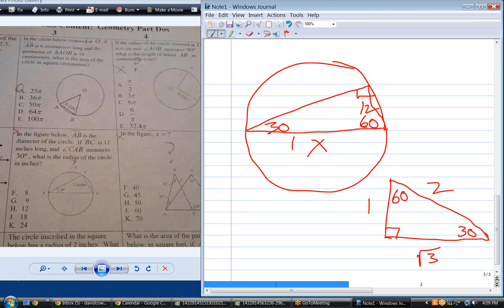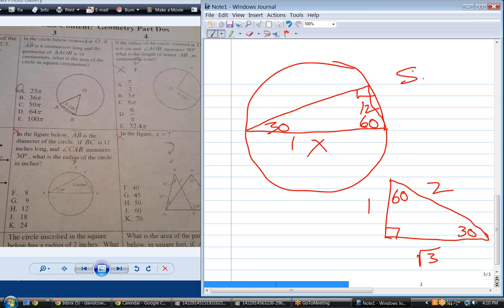Therefore, what is the hypotenuse of this triangle? 24. It's 12 times 2. Make sure you get the right side. The key to these similar triangle problems is, notice this isn't oriented anywhere near the same as that. They're both 30, 60, 90 triangles, and they are similar, but you have to match up correct sides. Up here, the side opposite the 30 is 12. Down here, the side opposite the 30 is 1.